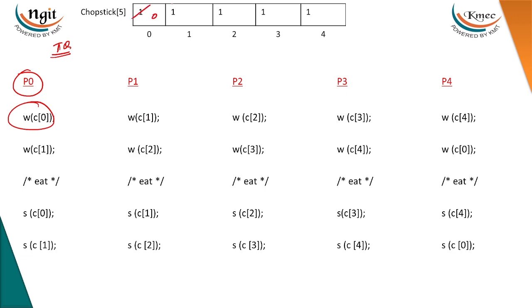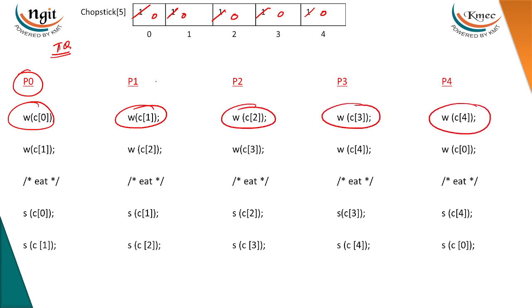P1 is picking C1, so this will become 0. P2 is picking C2, 0. P3 and P4 also take theirs after P0, P1, P2. Then it will be the turn of P0 to execute wait on C1. Now look at wait on C1, it is not available.